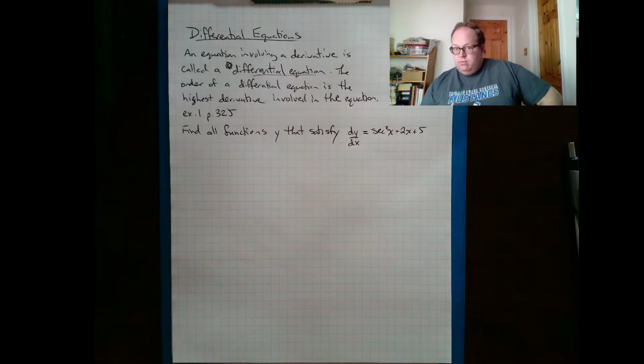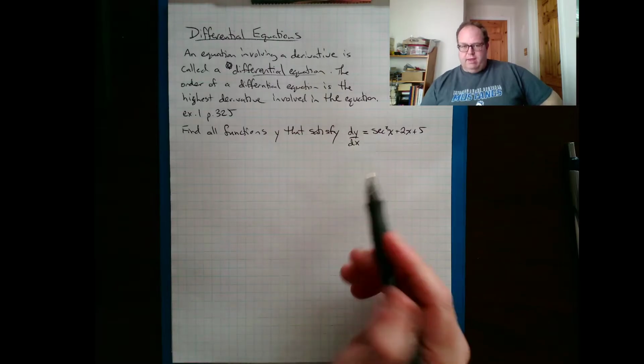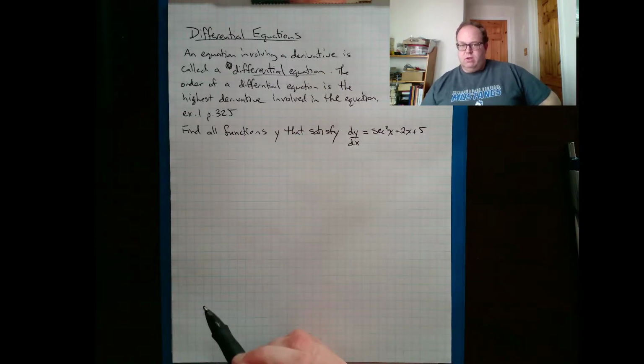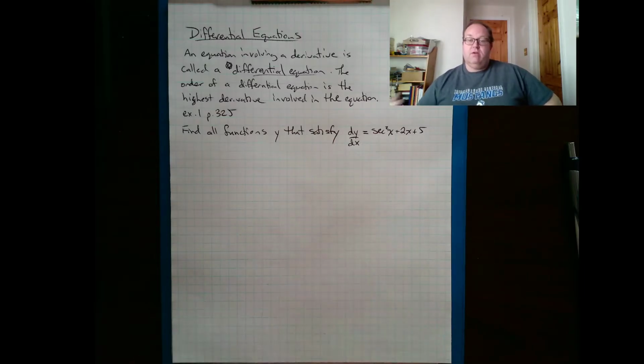Now, we're not really doing anything new here that we haven't seen before. We're just talking about it a little bit differently. I'm going to solve this differential equation for y. Basically, find a function y that makes this work. Now, if the derivative of y is equal to this, how do I find y itself? I take the antiderivative.